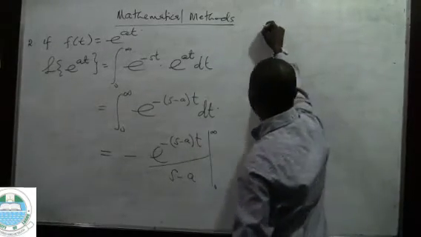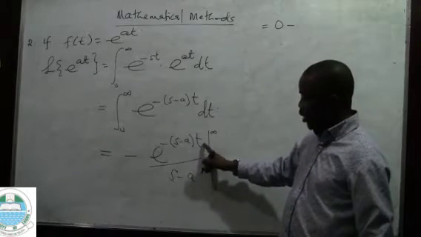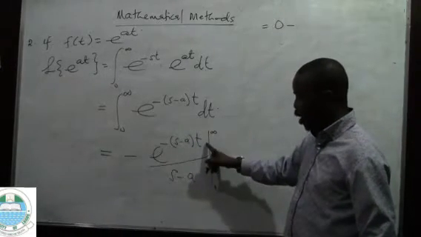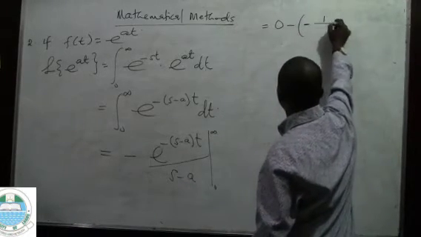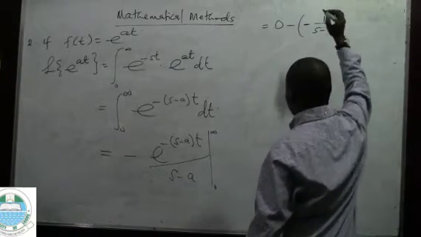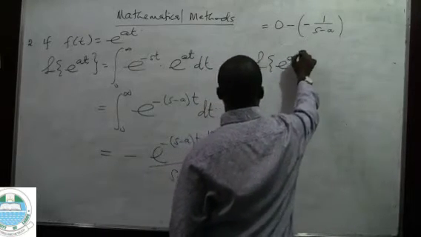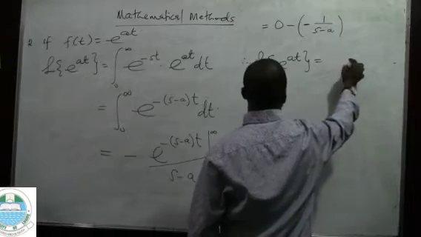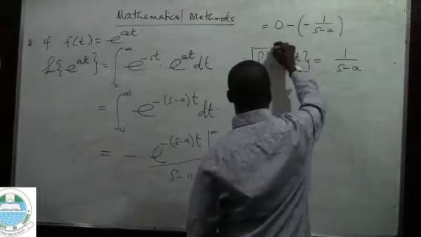That means I have 0 minus, substitute 0 for t here, the whole of this expression becomes 1. Then we are going to have that result as minus 1 divided by s minus a, so that the Laplace transform of exponential at becomes 1 divided by s minus a. Take note of this formula.